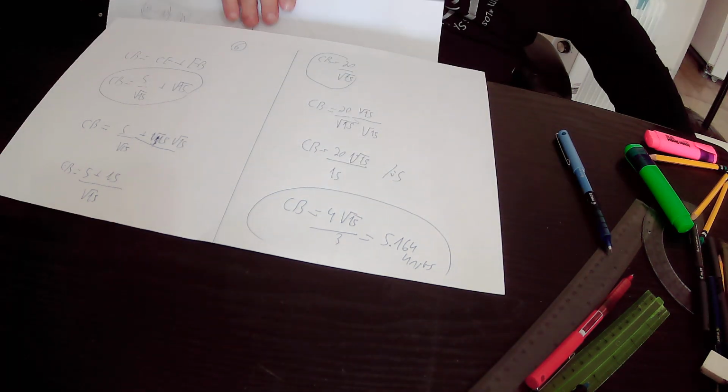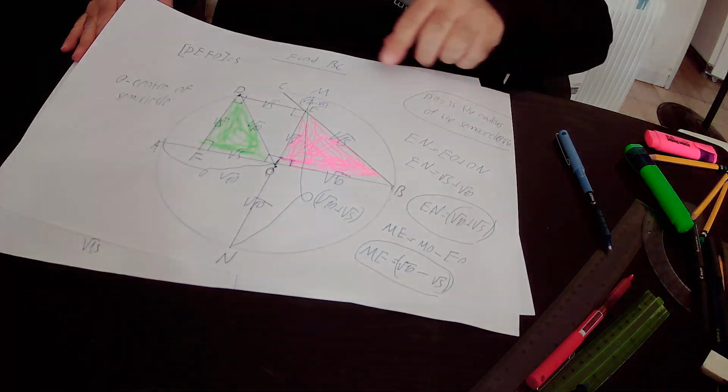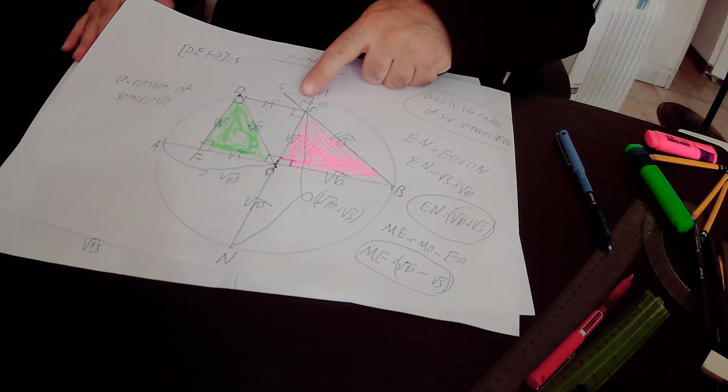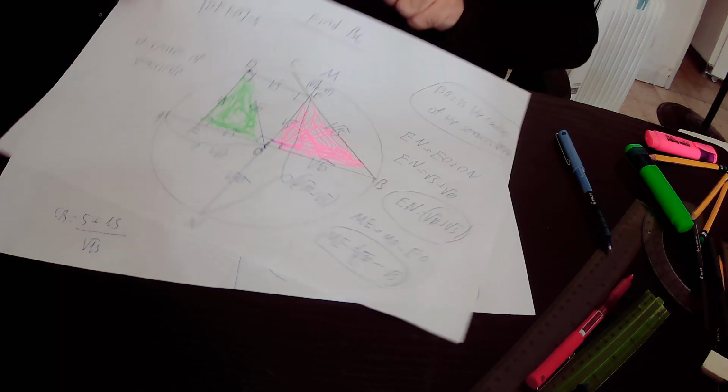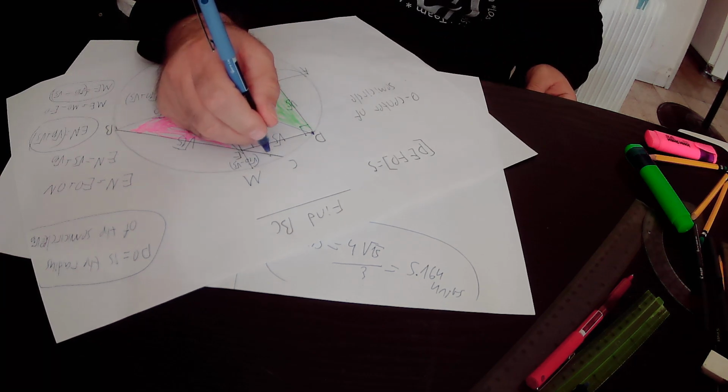So here we found the missing line segment CE equals 5 over square root of 15.